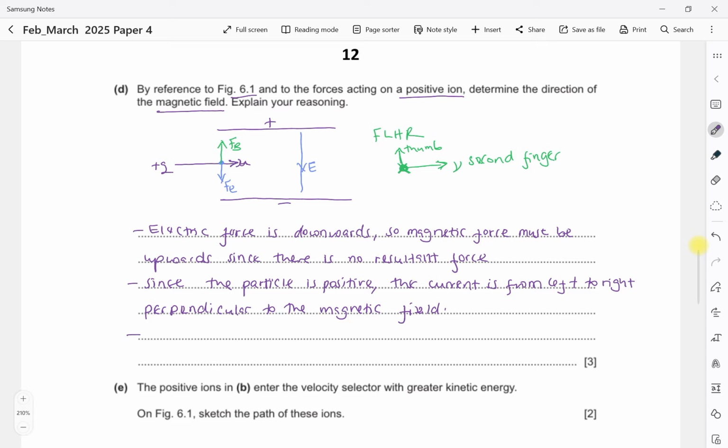Thus, by Fleming's left-hand rule, the magnetic field is into the plane of the page.